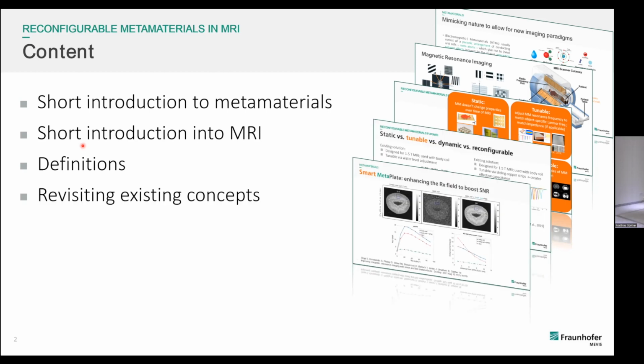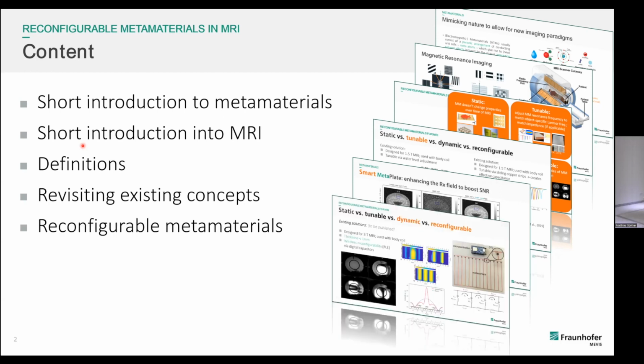And then I will quickly go over different existing concepts on metamaterials in MRI, show you some of the features, why metamaterials are good for MRI and how they can be used to enhance signal, for example, by a factor of 20 or so, locally enhancing.